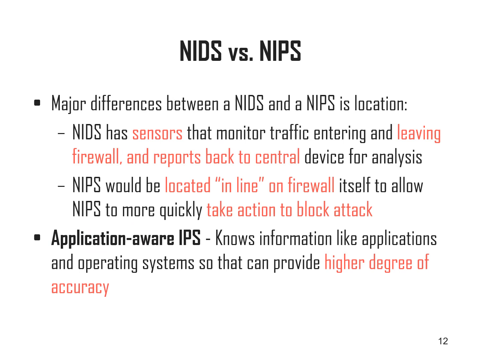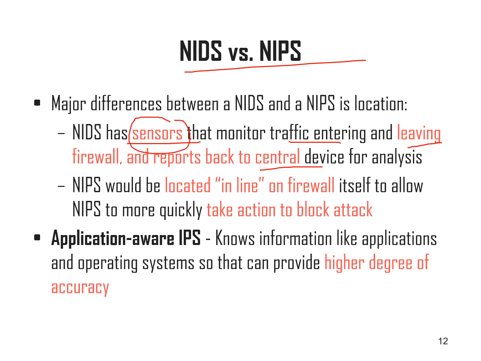So what is the difference between NIDS and NIPS? The major difference is that NIDS has sensors that monitor the traffic entering and leaving the firewall, and report back to the central devices for analysis. The logs are sent to the central devices for analysis.